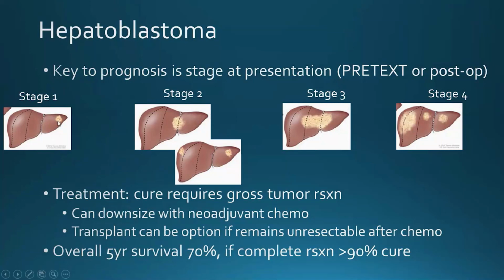Usually, if the tumor is in one lobe or segment, that is stage 1, and if it involves the left medial segment, that is stage 2. If three of these segments are involved, we call it stage 3, and then stage 4 is when all parts of the liver are involved.